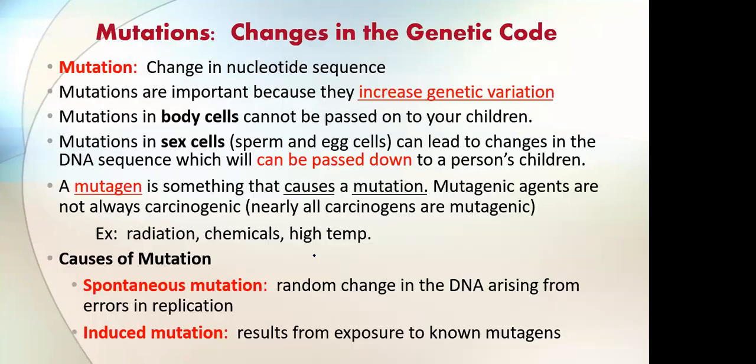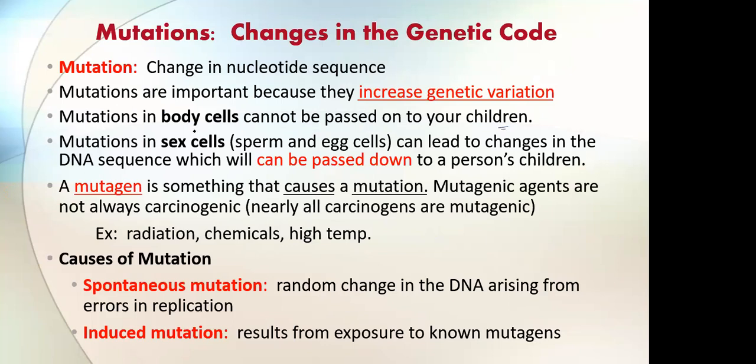Okay, and a mutation has to be heritable. Any heritable change is called a mutation. Mutations in body cells cannot be passed on to your children. If you are standing for a long time under the sun, mutation can happen.